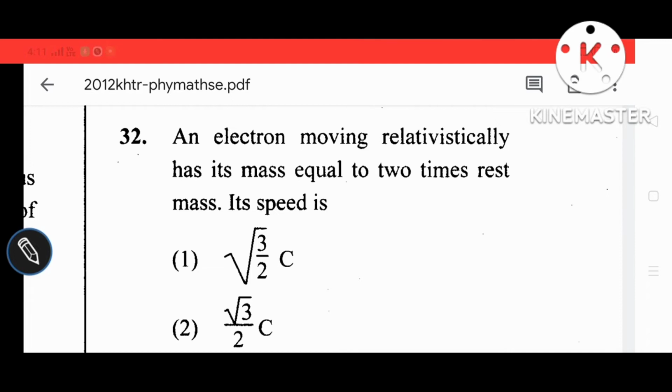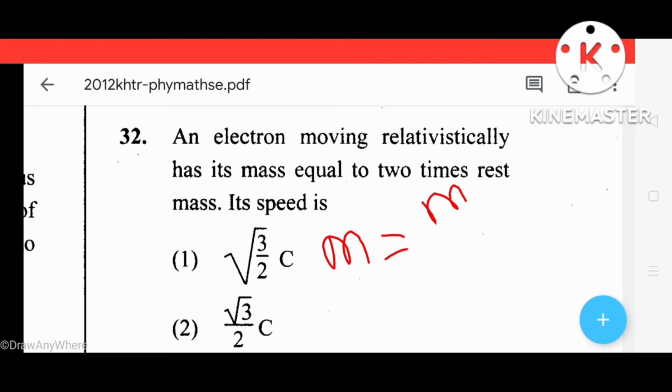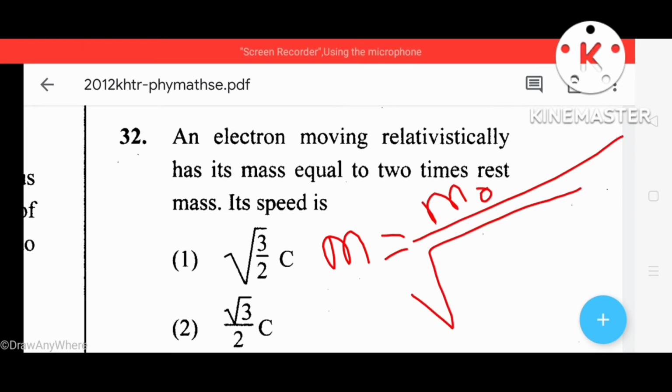For this one we are going to use the expression from the special theory of relativity, that is m is equal to m naught divided by root of 1 minus v square divided by c square, where 1 divided by root of 1 minus v square by c square is equal to half. Here we are given that the mass of an electron would be double its rest mass.